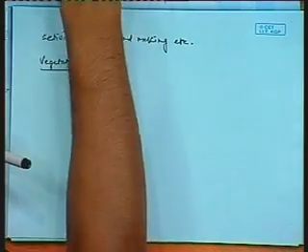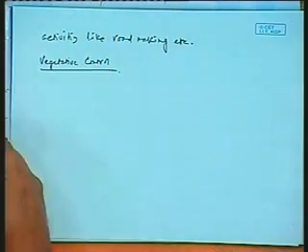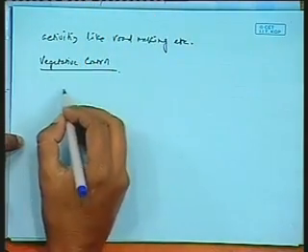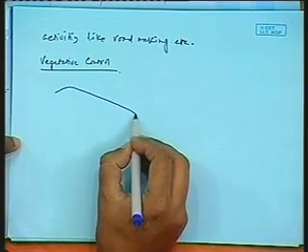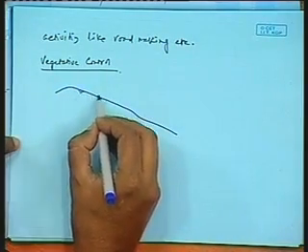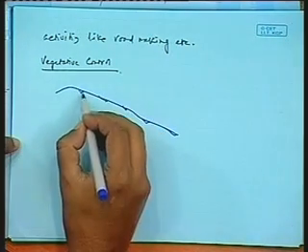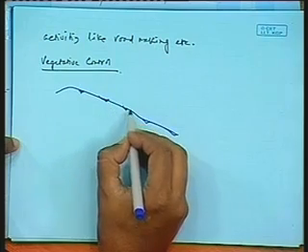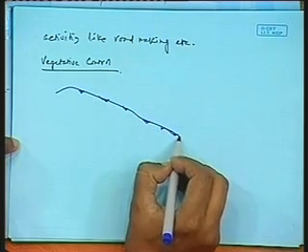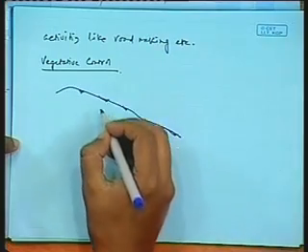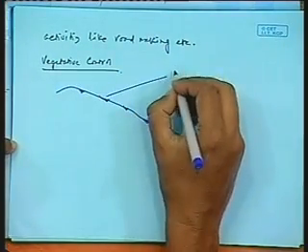If you observe a particularly barren slope, how does it look? Say if it is a slope like this, the slope is broken at places like this. This is the slope when it is completely denuded, completely barren.